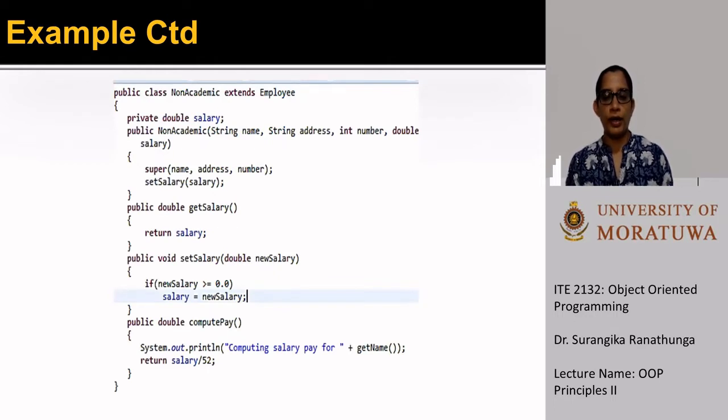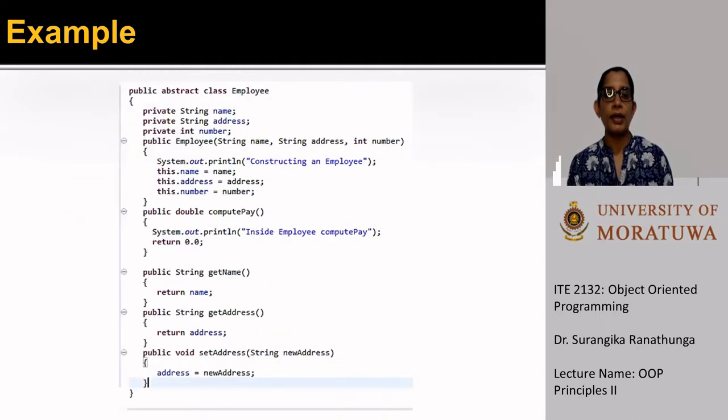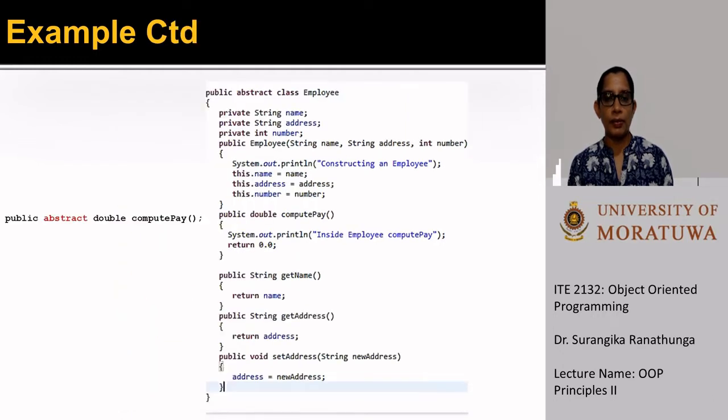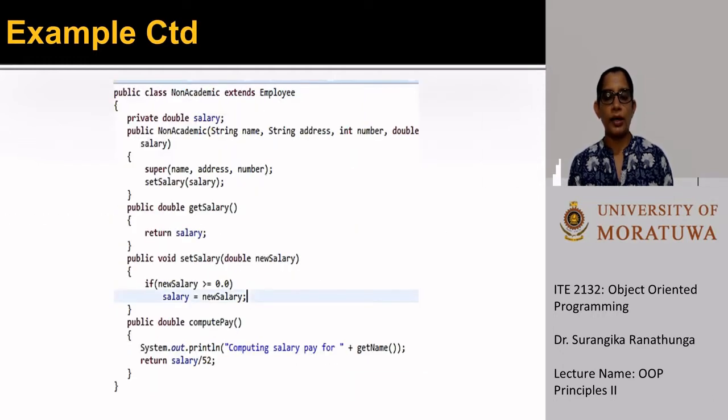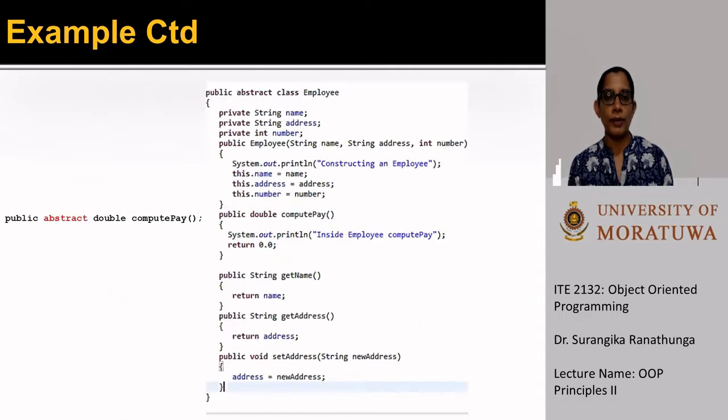If we have the scenario where our abstract class does not have any abstract method, our non-academic employee does not have to worry about implementing any method of the superclass. However, if our non-academic employee extends this version where there is an abstract method, then the non-academic employee class must implement this compute pay method.